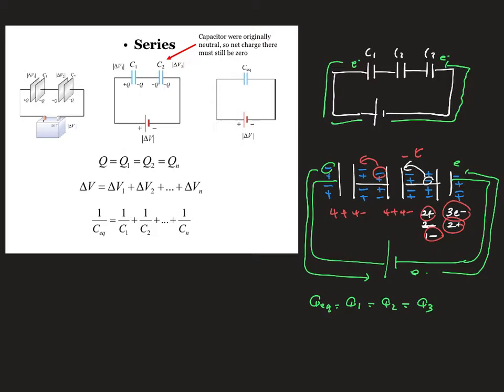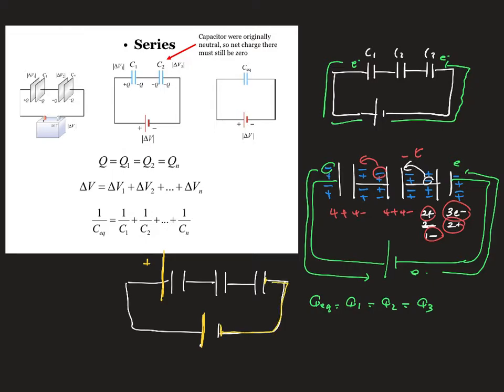Okay, so what about potential difference? For the potential difference, you can see that for example this one is connected to the battery. So for example this one is positive, I put it here, it's like one large plate over there, positive, and this one negative, connected to this part.